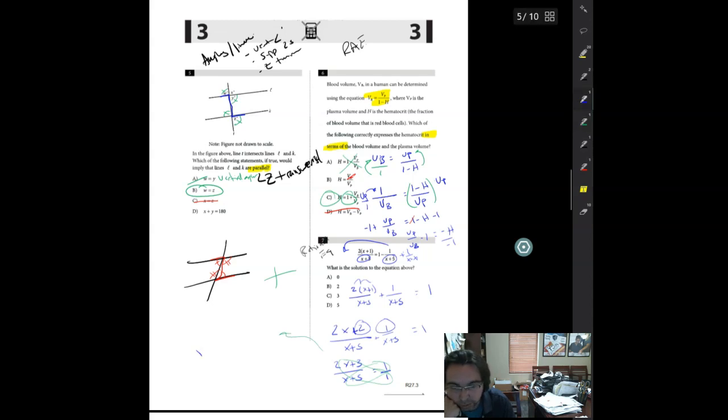So that's just going to give me x plus 5. And then 2x plus 3 times 1. That's going to give me 2x plus 3. Solve for x. So I'm going to move the x over here. Then move that over there. So that's going to be minus x minus 3. So I'm going to get 2 equals x. And so therefore my answer choice on this one is going to be B.